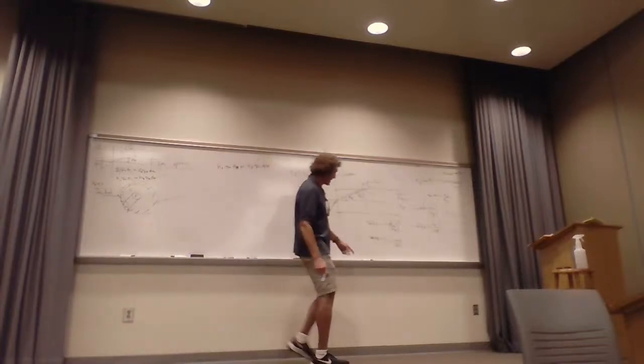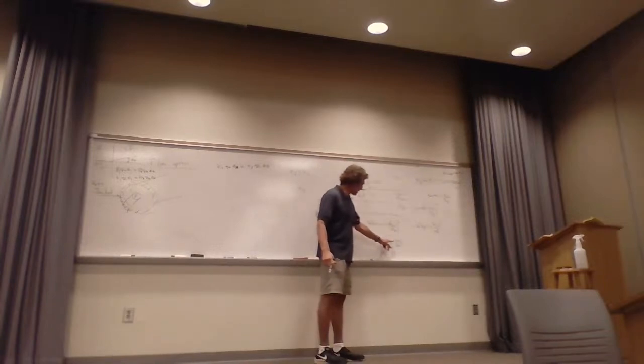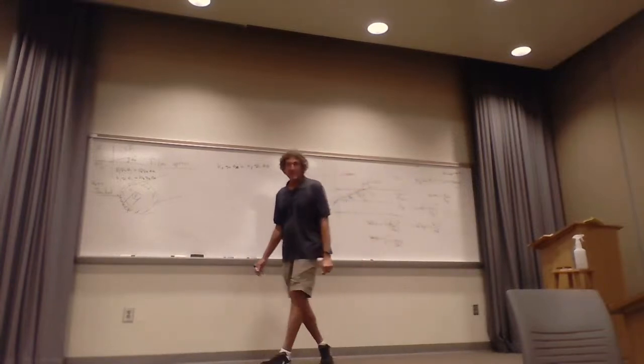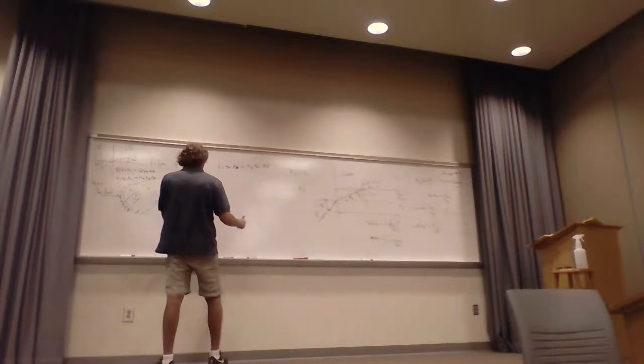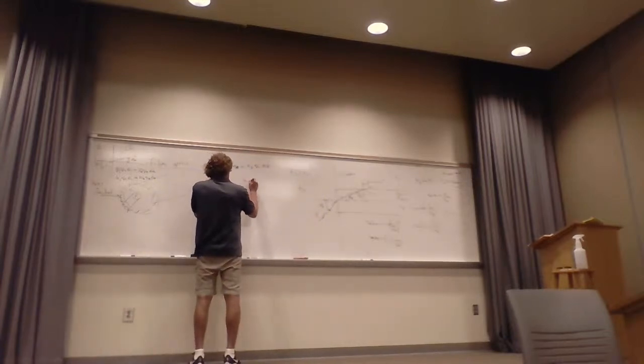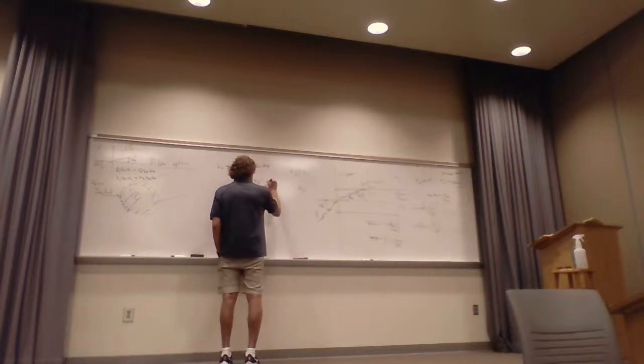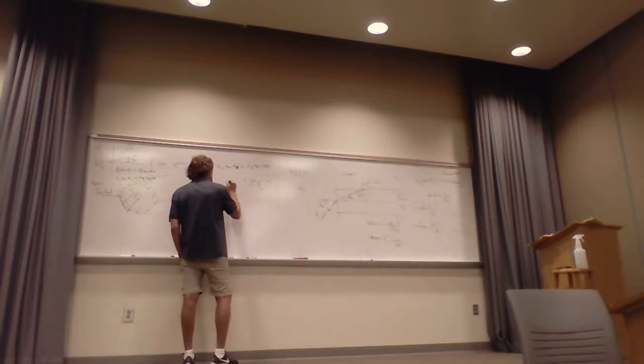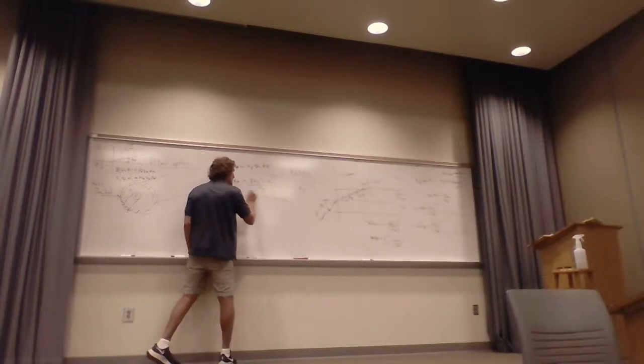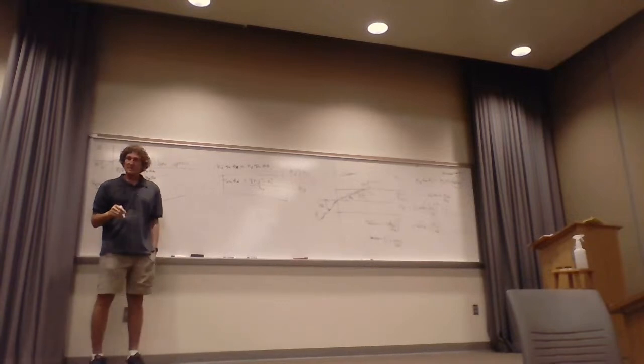So when I multiply this by NF, I end up with NF squared minus NC squared, and I end up with the square root of NF squared minus NC squared. And if I divide that by N naught, lo and behold, I get the sine of the actual angle of incidence.